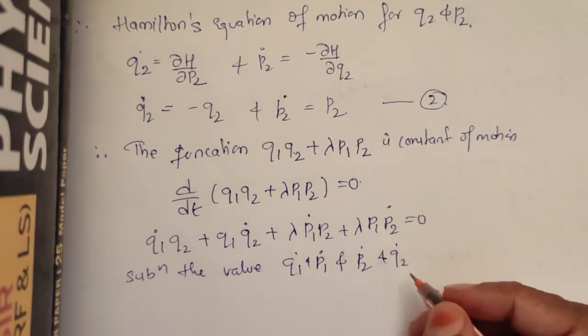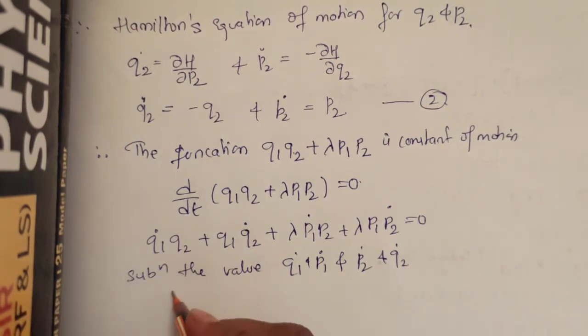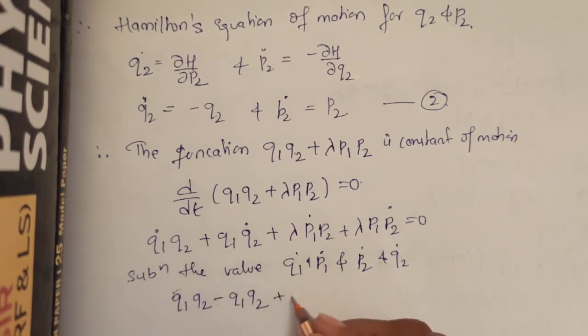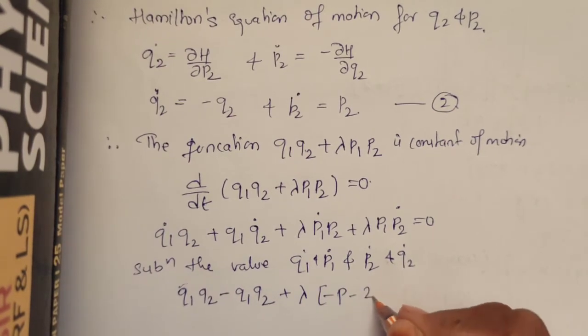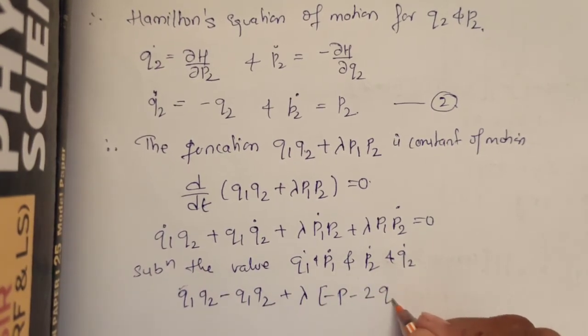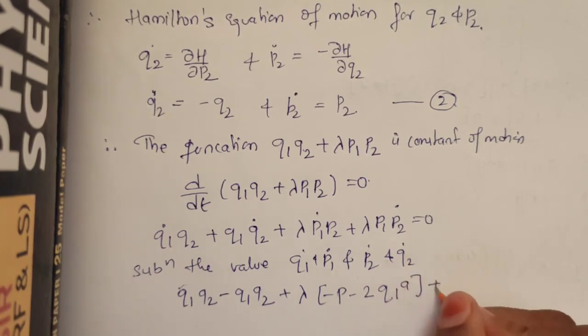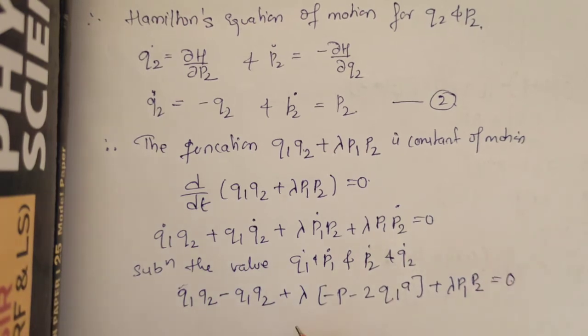So upon substituting all these values into the above equation, it will be Q1 Q2 minus Q1 Q2 plus lambda times minus P1 minus 2A Q1, plus P1 P2 equal to 0.